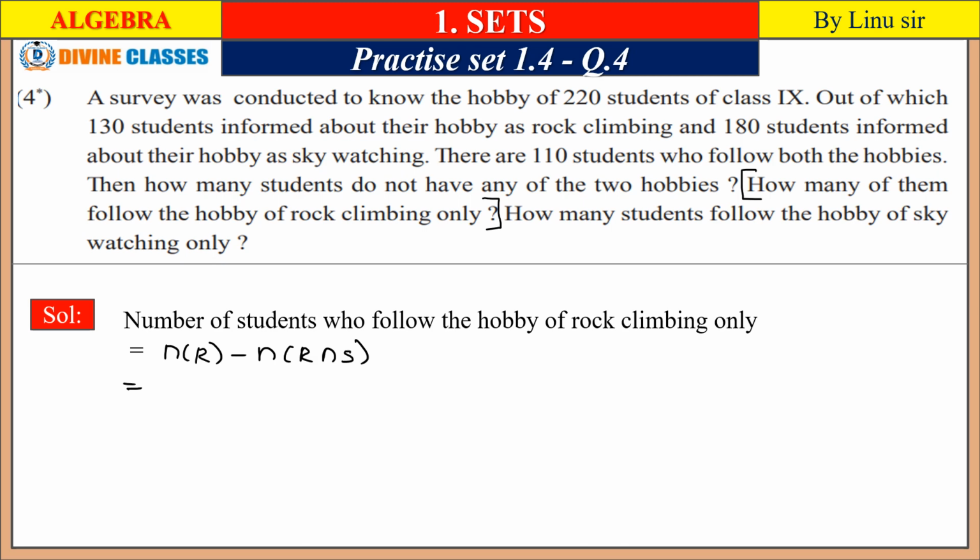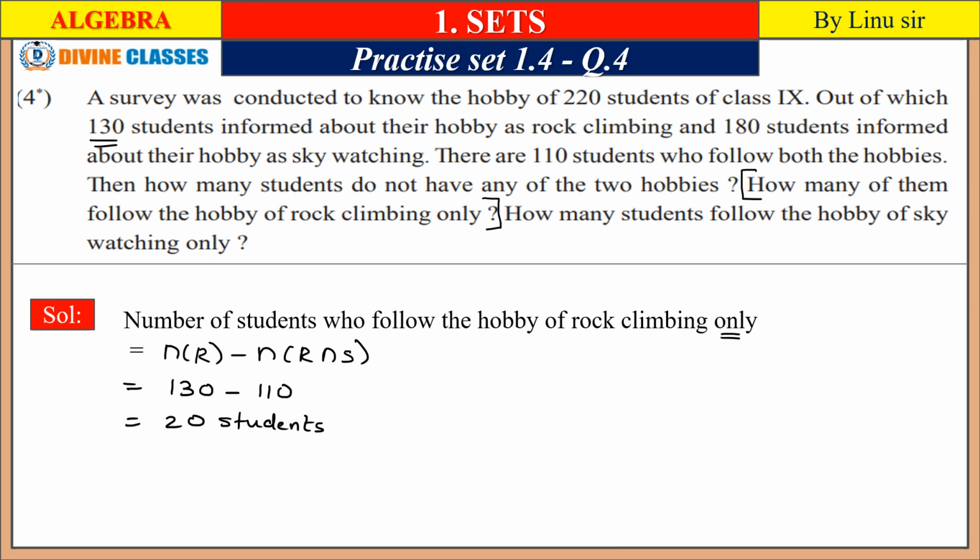So purely we will get rock climbing only. n(R), in the question, is given as 130 students. So 130 minus the intersection, which is 110 students, is equal to 20 students. So we can write the answer as 20 students follow the hobby of rock climbing only.